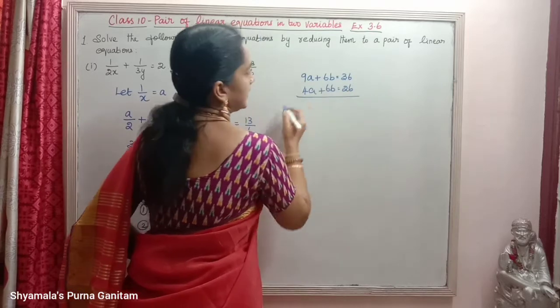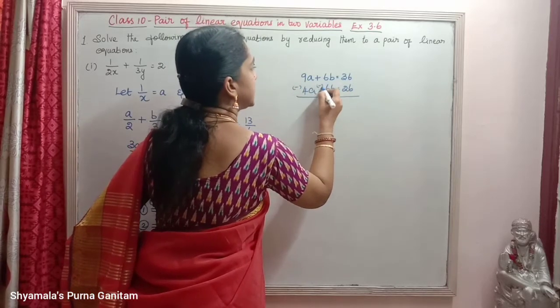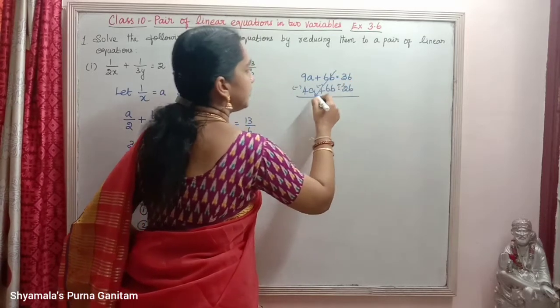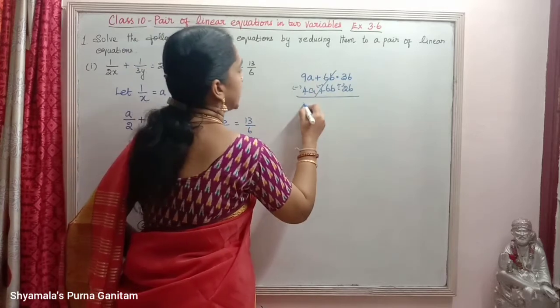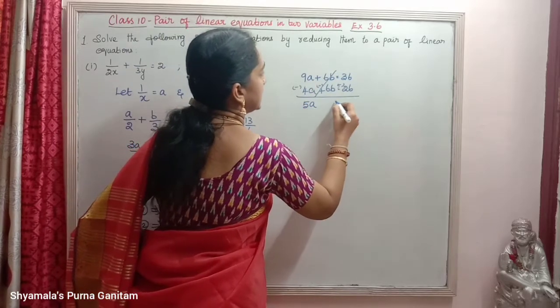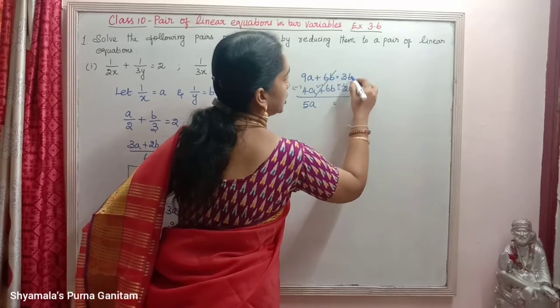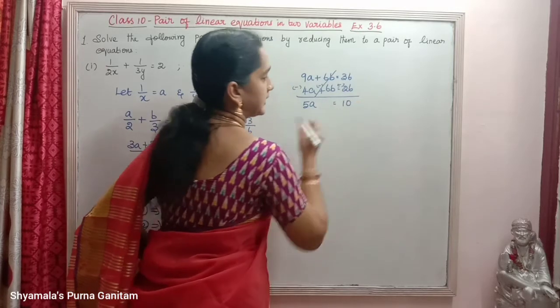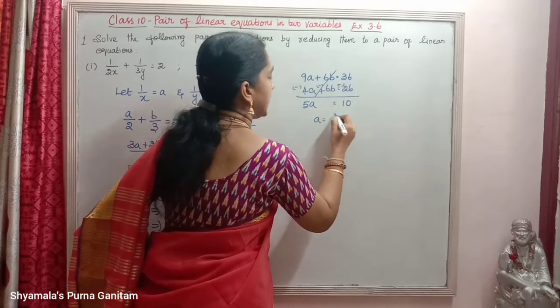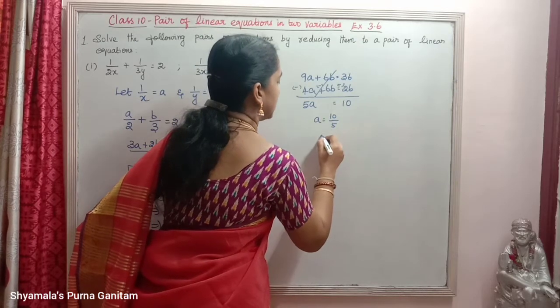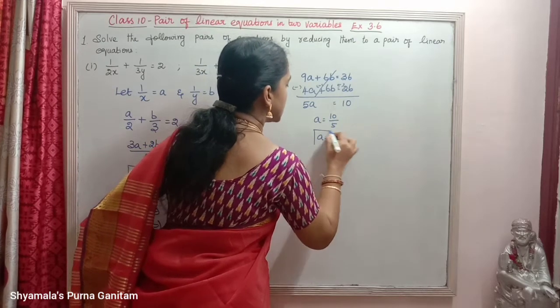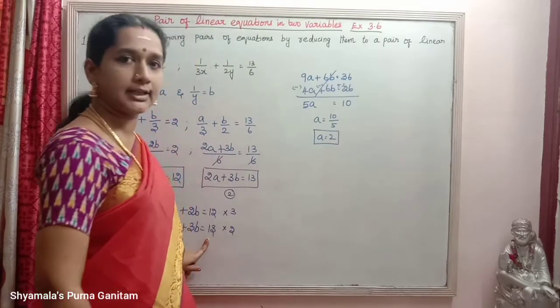So now if I subtract both these equations, this b will get eliminated. So I will get 5a is equal to 36 minus 26 is 10. So I get a is equal to 10 by 5, so that is equal to 2. So a value I got as 2.